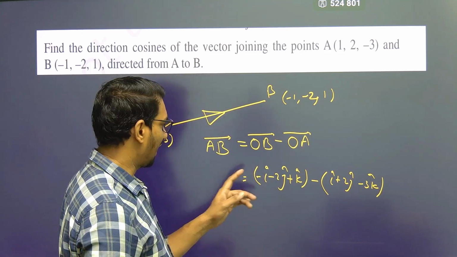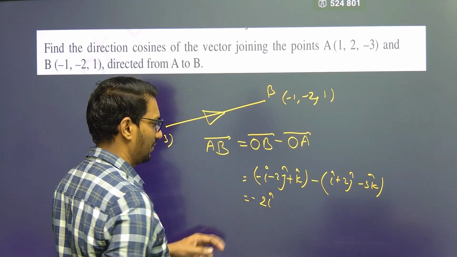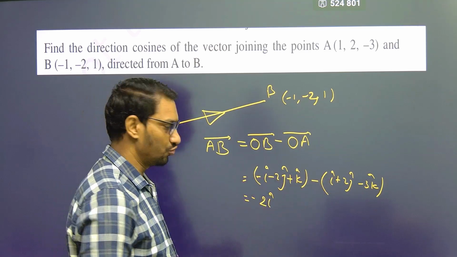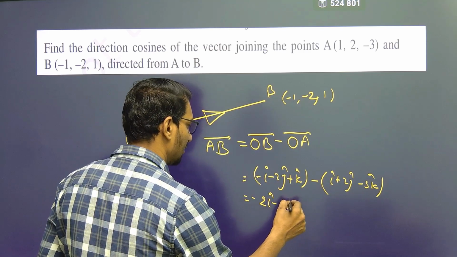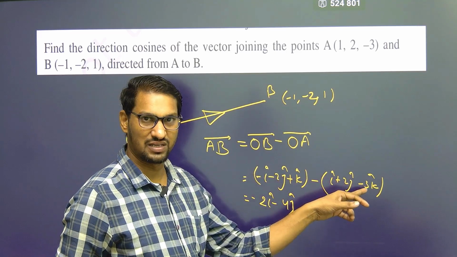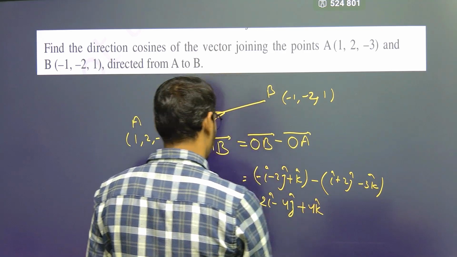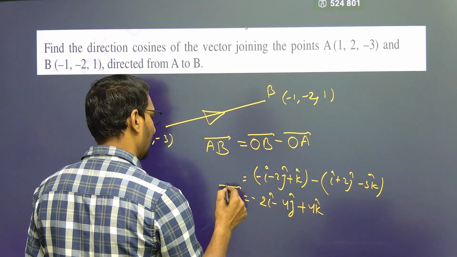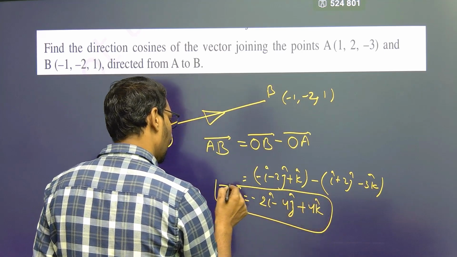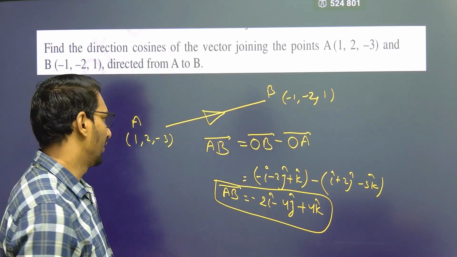If we subtract, so minus i cap minus i cap is minus 2i cap, minus 2j cap minus 2j cap is minus 4j cap, and plus k cap minus minus 3k cap is plus 4k cap. This is vector AB. Now we can find direction cosines of vector AB easily.